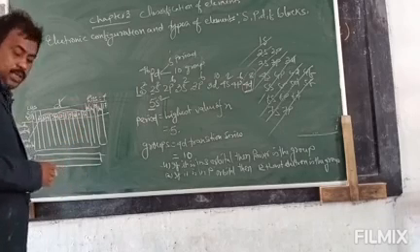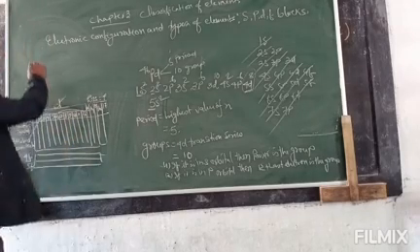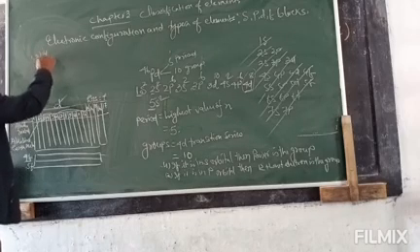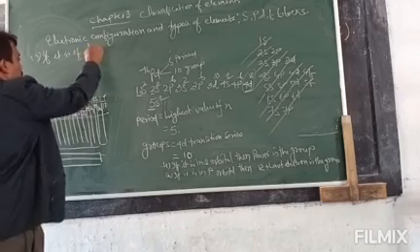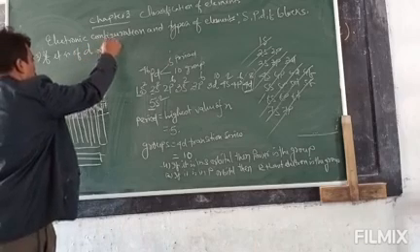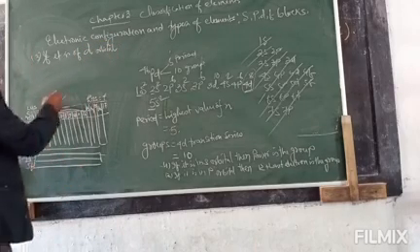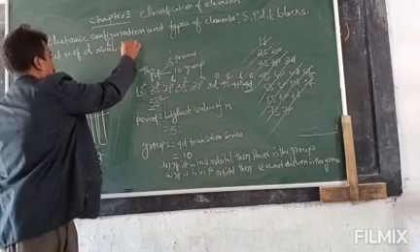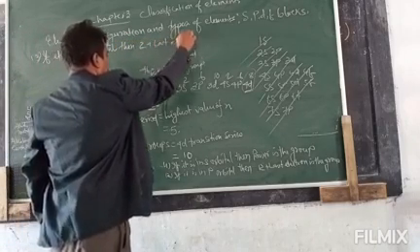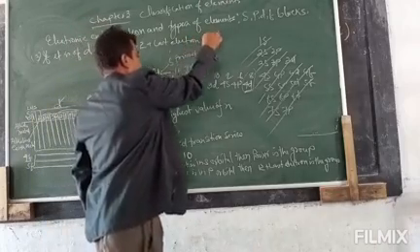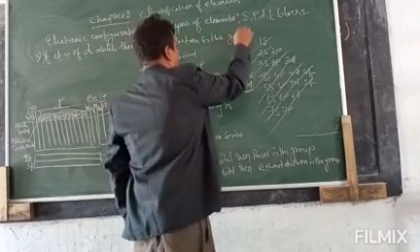Again, if it is of d orbitals, that means the last electron is in the d orbital, then 2 plus the last electron is the group.